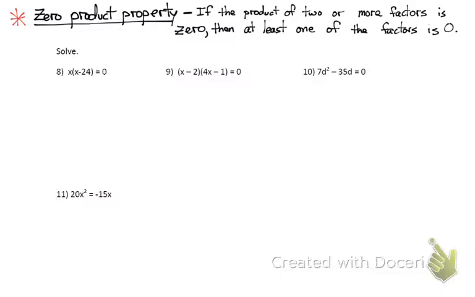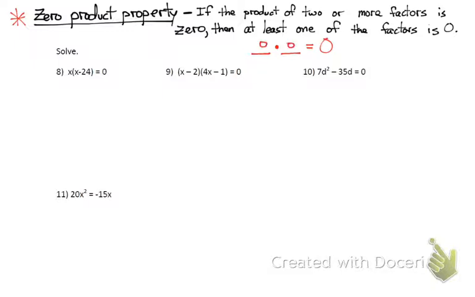And if you really think about it, this is really pretty simple. What they're saying is if you have two things being multiplied together and the answer is 0, you know for sure that either the first thing is a 0, like 0 times 5 or 0 times 8 or 0 times 18, or you know that the second piece is 0, like 5 times 0 or 15 times 0 or 215 times 0, and it says that at least one of the factors is 0 because technically couldn't they both be 0?